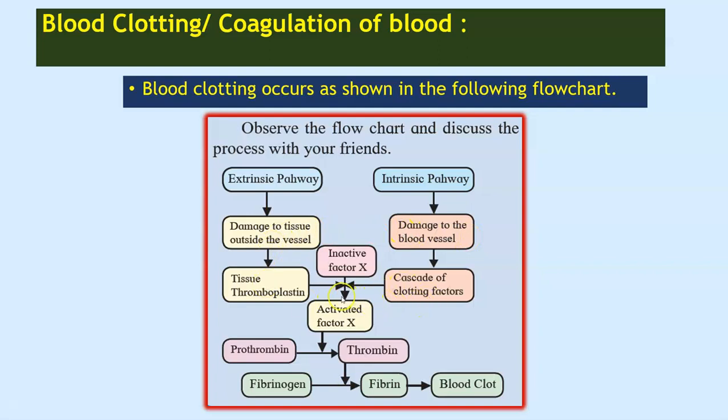In both cases, inactive factors are converted into active factors, and then two important components present in your blood, prothrombin, which gets converted into thrombin, and fibrinogen, which gets converted into fibrin. This thrombin inactivates heparin, which is an anticoagulant, and this fibrin ultimately forms the blood clot by forming a mesh and trapping the activated platelets and the blood cells.